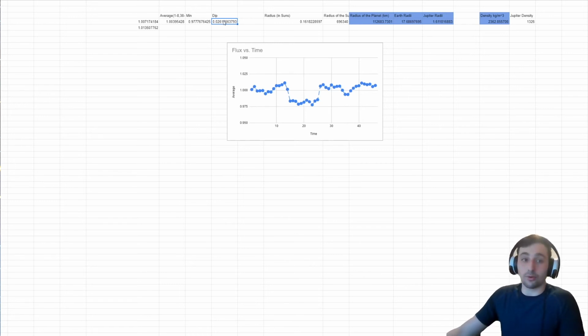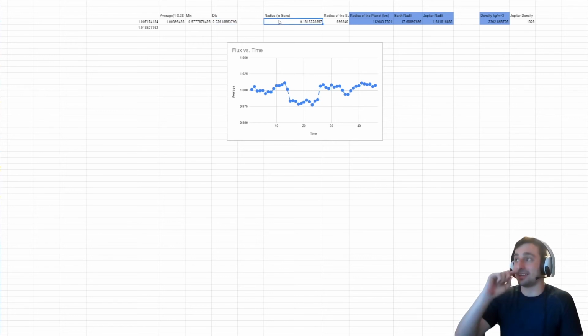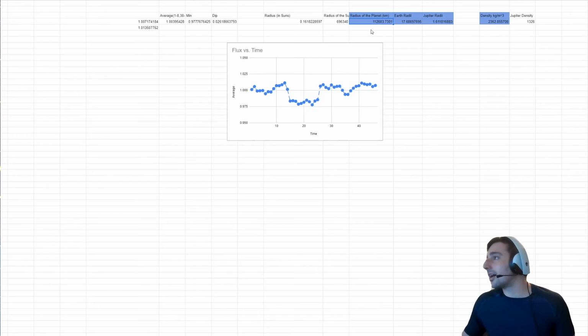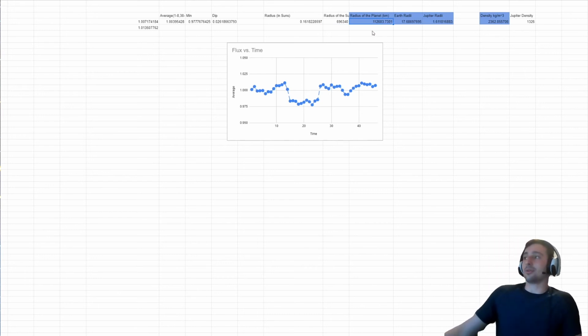Now I can take the square root of this value and find that the radius of the planet is about 0.16 solar radii. And we know the radius of the sun. So now we can calculate that the radius of the planet is about 113,000 kilometers. But what does that mean? It's about 18 Earth radii or 1.5 Jupiter radii.